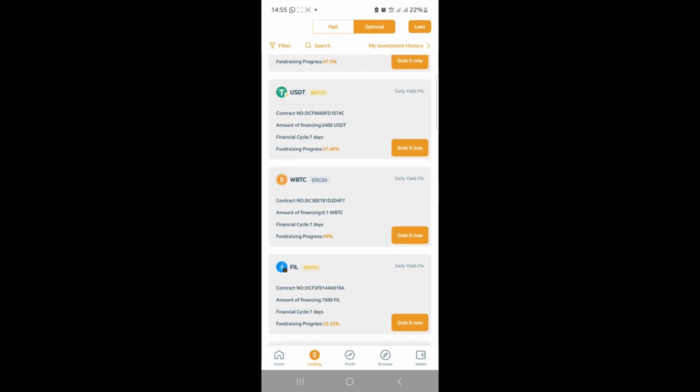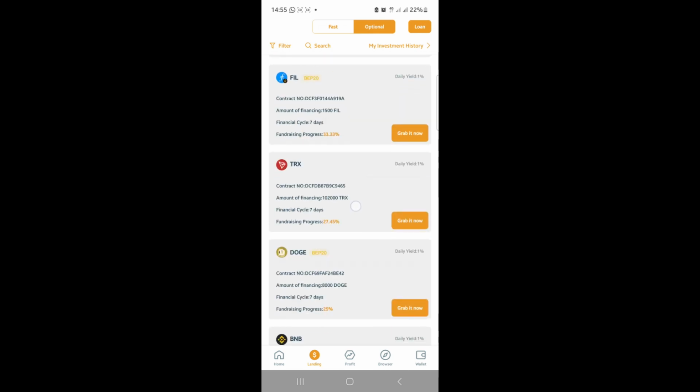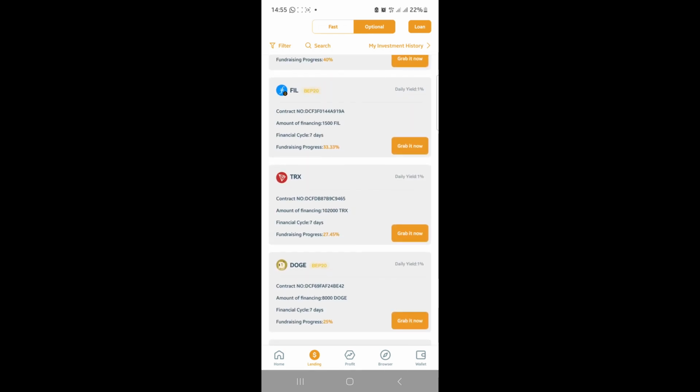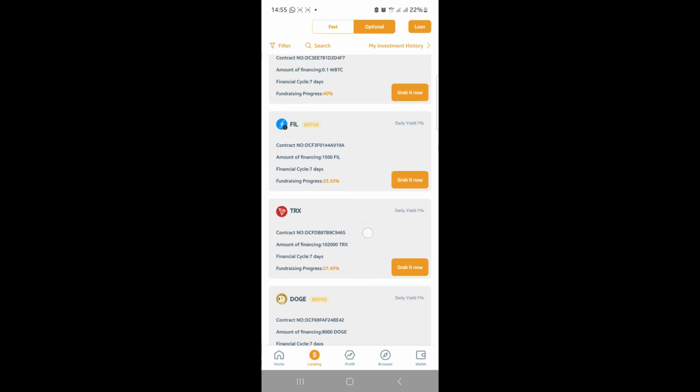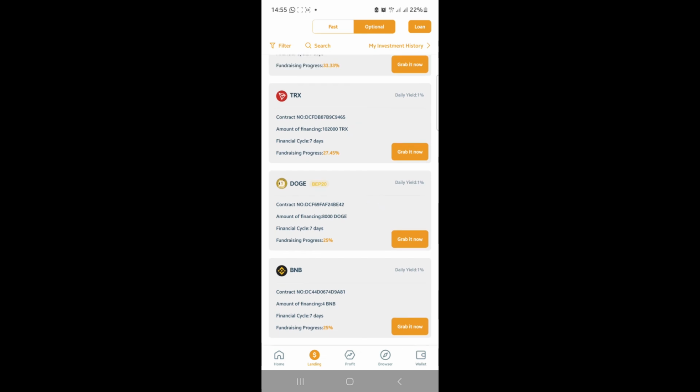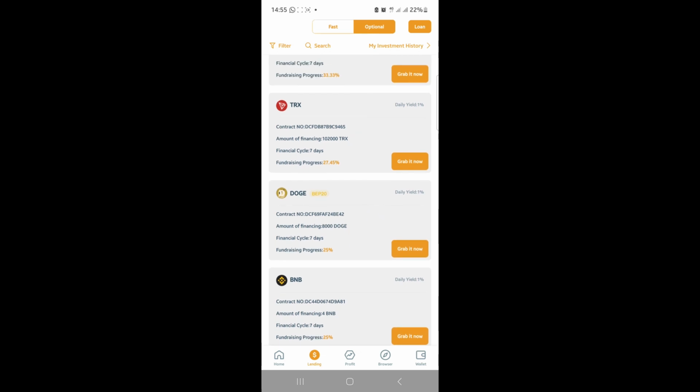This person needs 0.1 wrapped BTC, only 40% filled. This person needs 102,000 Tron coins, and only 27.45% is filled. This person needs Doji, only 25% is filled. This person needs 8,000 Doji.